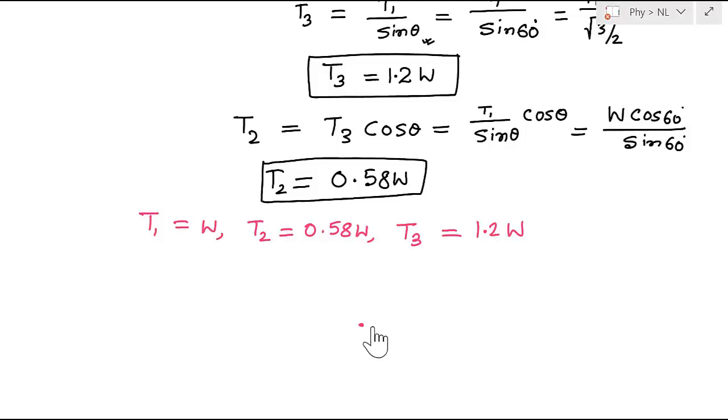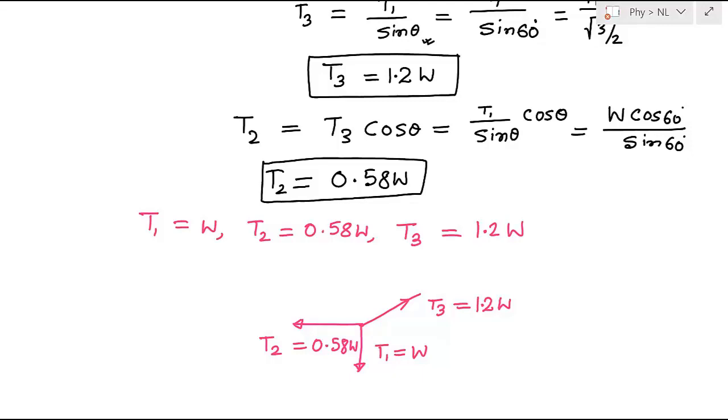You remember, if you draw the free body diagram for the ring, you have T1 in the downward direction, which is equal to W. You have T2 in the horizontal direction, which is 0.58 W. And then you have T3 at an angle of 60 degrees, which is 1.2 W.